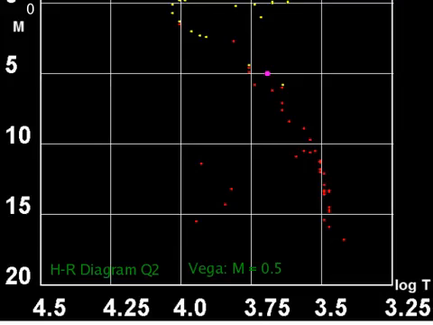Let me try this again. Okay, so we're going to look at these stars here, and we want to know which one of those is Vega, because they're close to a magnitude of 0.5.